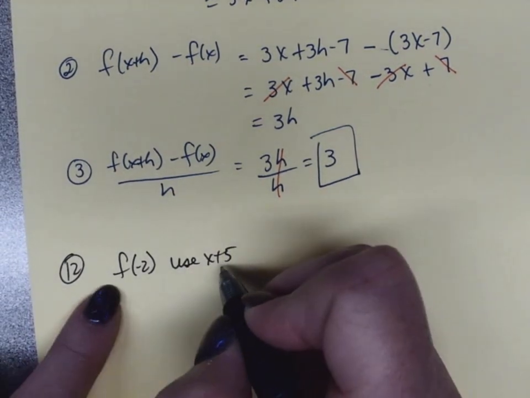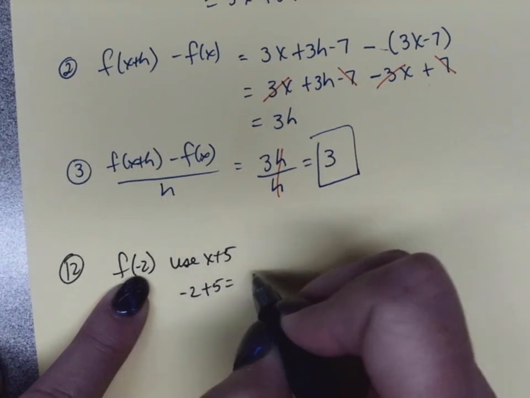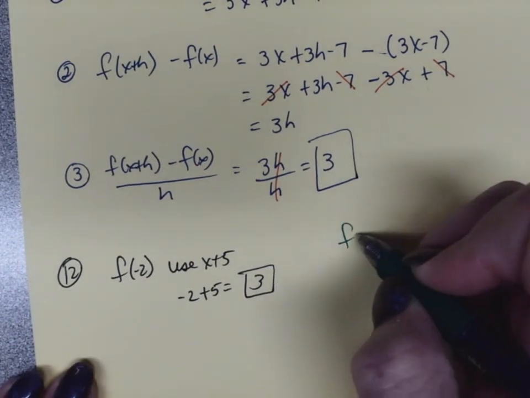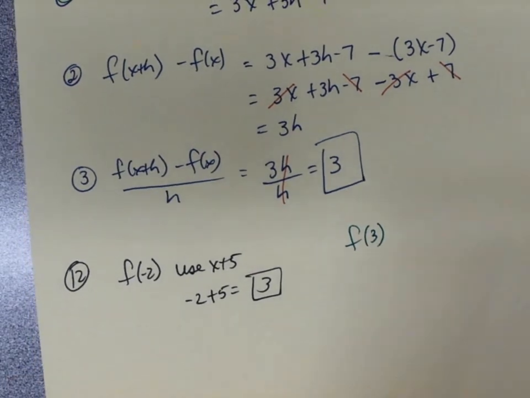So that means we're going to plug in that value for x. We'll have negative 2 plus 5, which will get us 3. Now for the other part, for f at 3, we're going to look at our function.